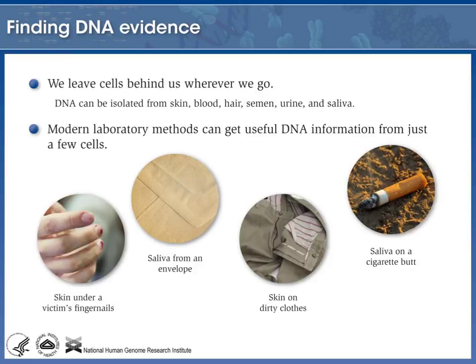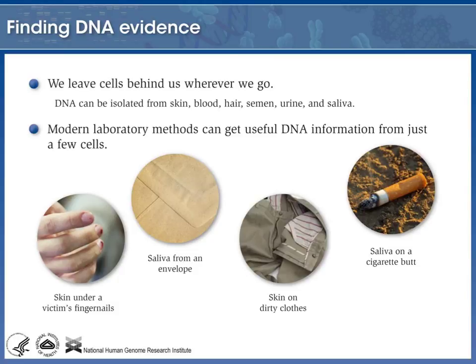How's that? Okay, so we can get DNA evidence because we leave behind DNA all over the place. We leave cells behind wherever we go, whether it's the skin underneath a victim's fingernails, saliva, skin on dirty clothes, the butt of a cigarette, saliva with cells in it.